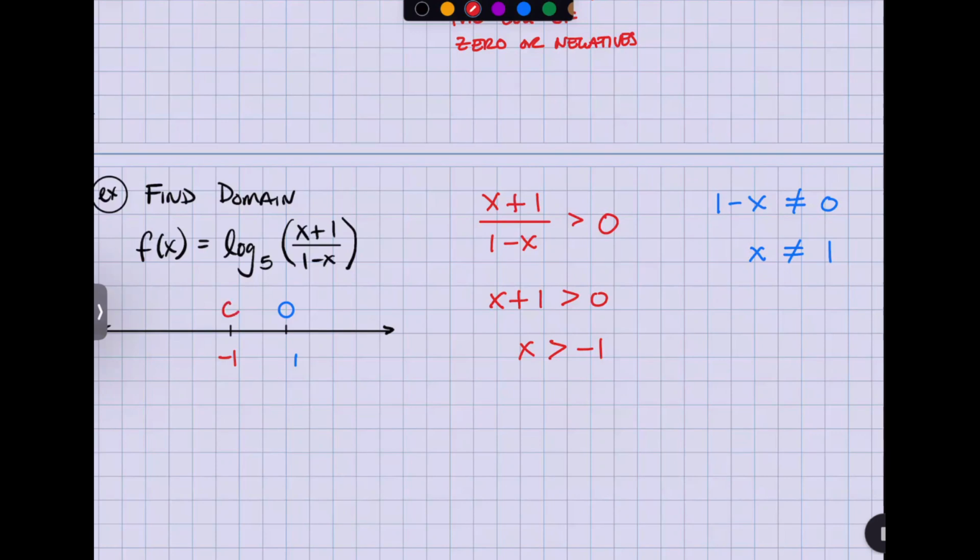So at -1, I'm going to have an open circle, but I'm going to have this arrow pointed to the right. Does that make sense? So again, this helps me to write what I need to write as my domain. That's going to be -1 to 1 union with 1 to infinity.